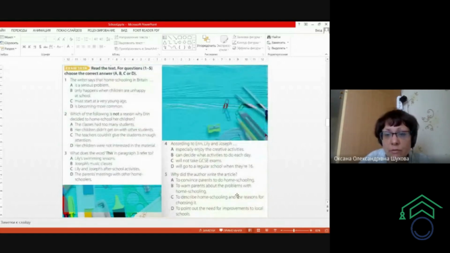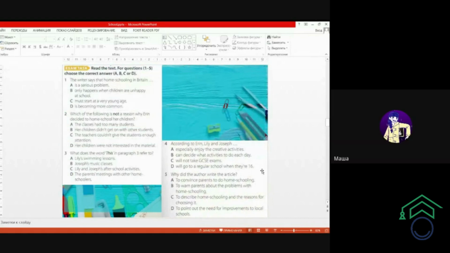Окей, number 5. Why did the author write the article? A. To convince parents to do homeschooling. B. To warn parents about the problems with homeschooling. C. To describe homeschooling and the reason for choosing it. D. To point out the need for improvements to local schools. Okay.